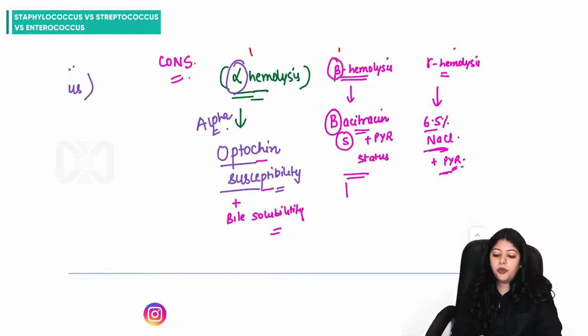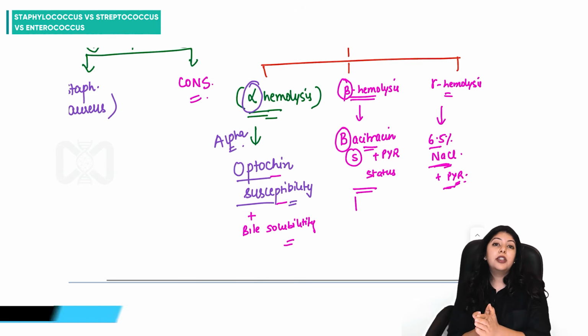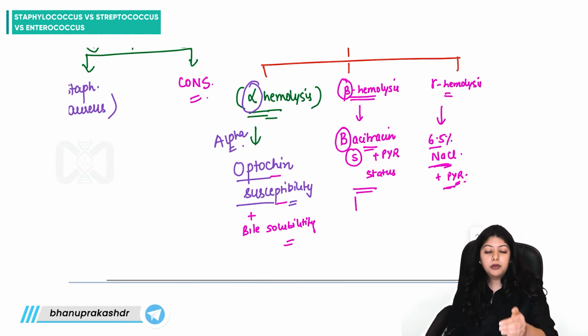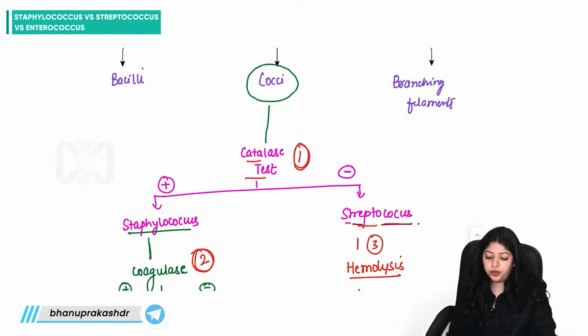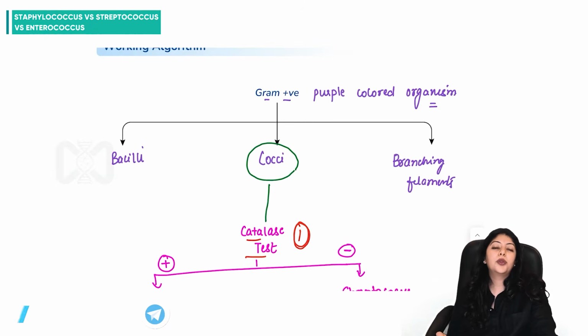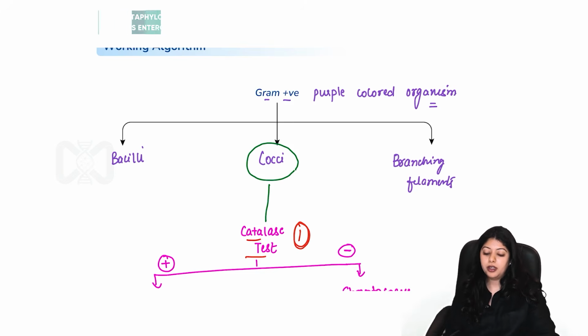So this is how we will narrow down to different speciation of the bacterial groups. So this is the whole working algorithm, and these were the important initial biochemical tests being used as initial steps in identification of bacteria. Thank you.